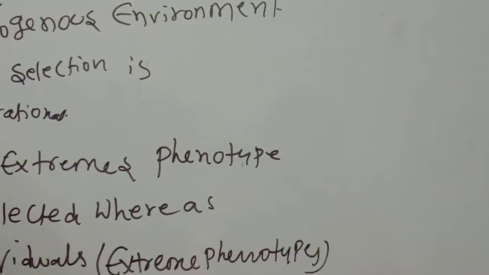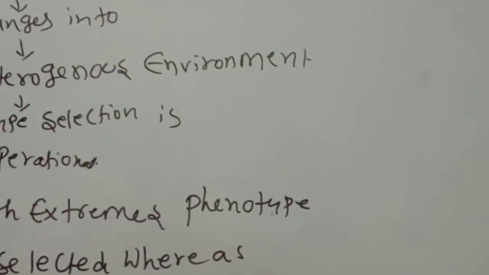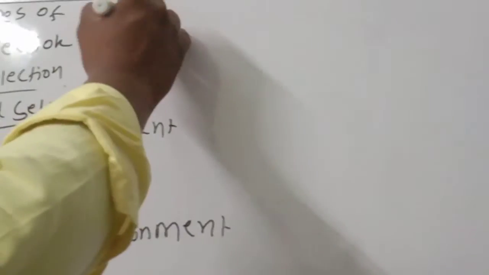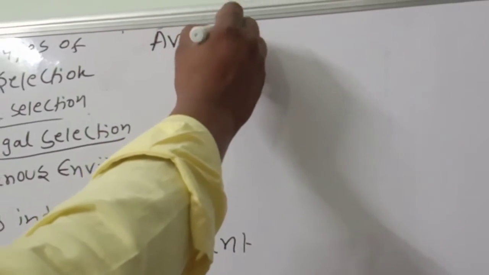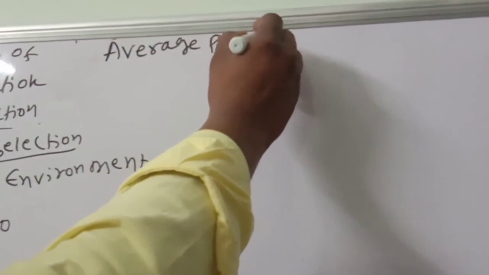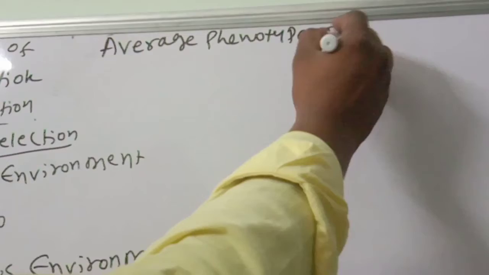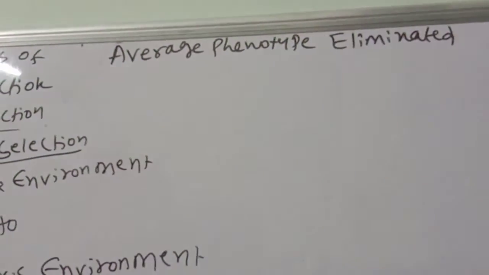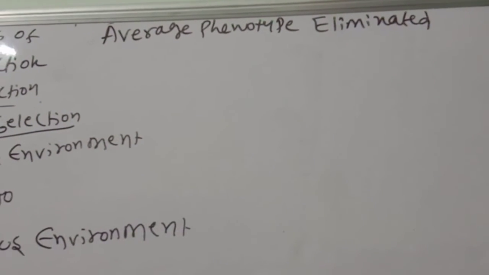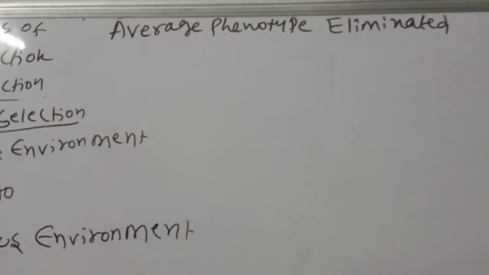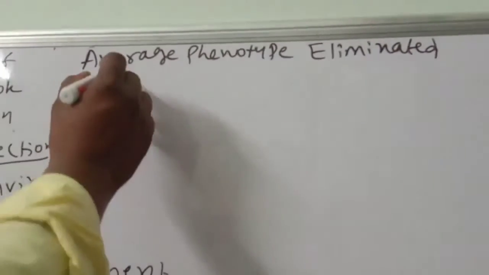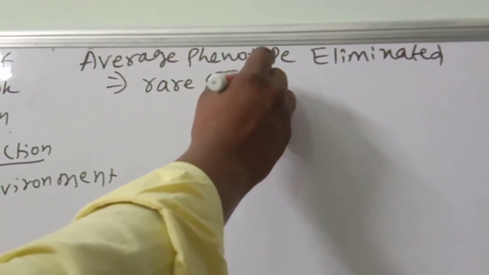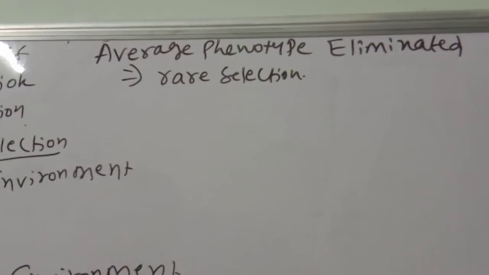Whereas individuals with the average phenotype are eliminated. This point you have to remember. This kind of selection is rare selection.